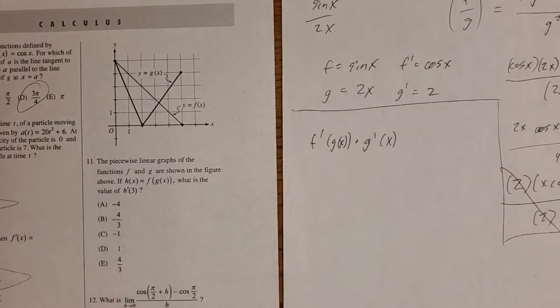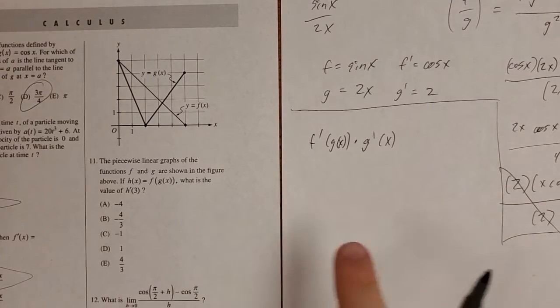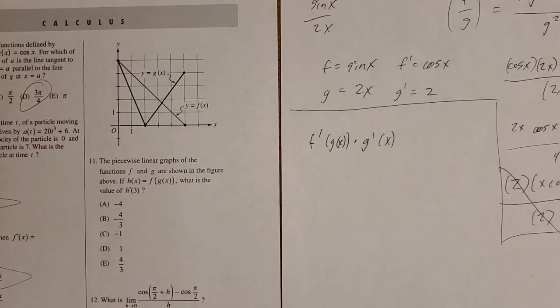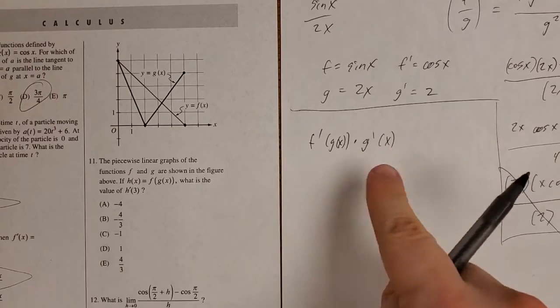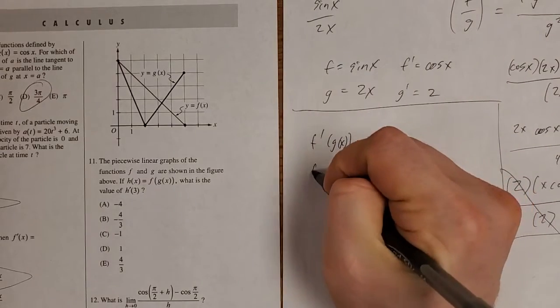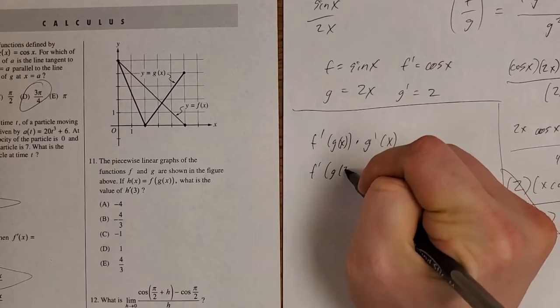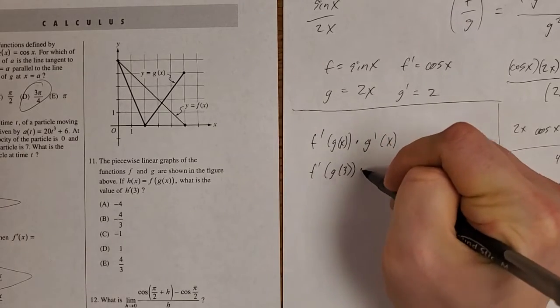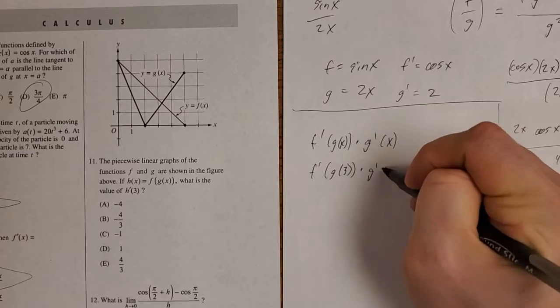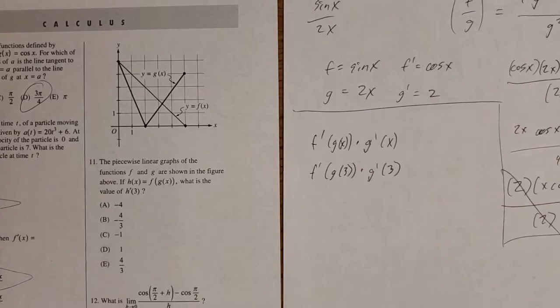So for here, we want to know what all this is when x equals 3. So we'll write that the derivative of f at g of 3 times the derivative of g at 3.